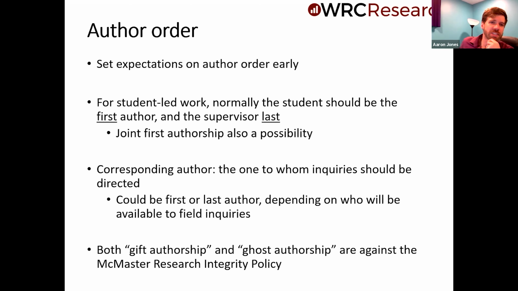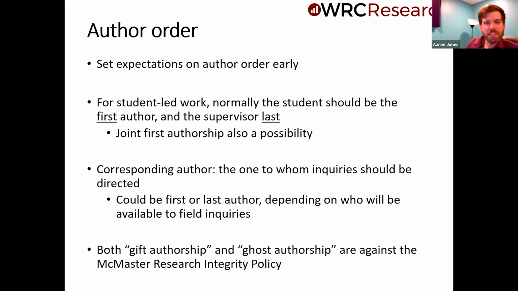But in general, you're probably avoiding that. Because you say joint first, but someone's name still has to be first, right? And normally joint first is signified by some sort of asterisk, which people aren't even going to notice when they're looking at the paper.